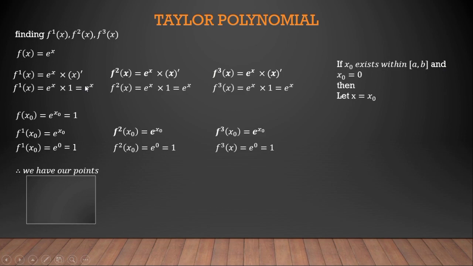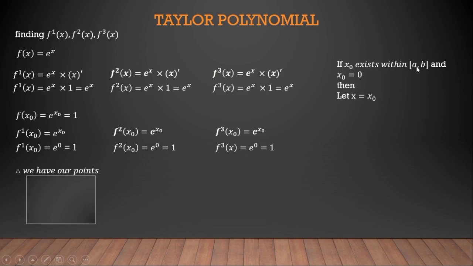Using a formula that I hope you wrote down in the calculus cheat sheets that I gave you. So using those formulas, we say e to the power x multiplied by 1 is equal to e to the power x, and the second derivative, third derivative, and so on, we see that we have e to the power x, e to the power x, and e to the power x, right? Great.